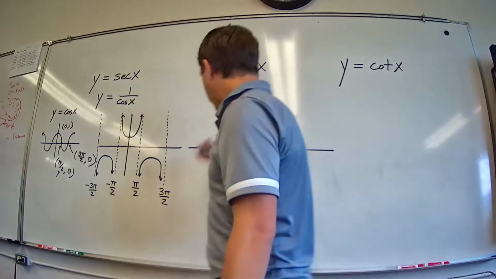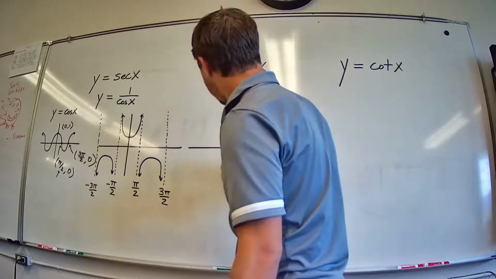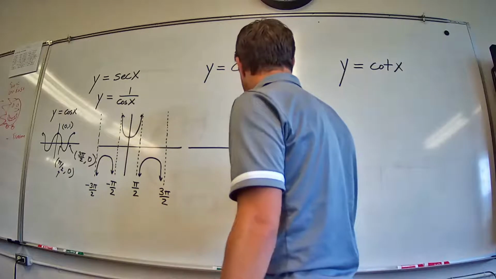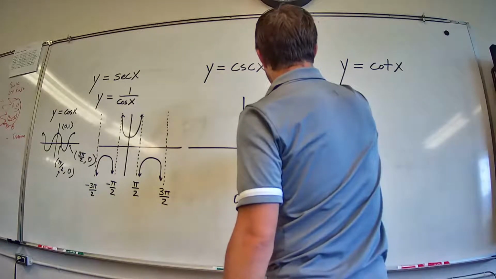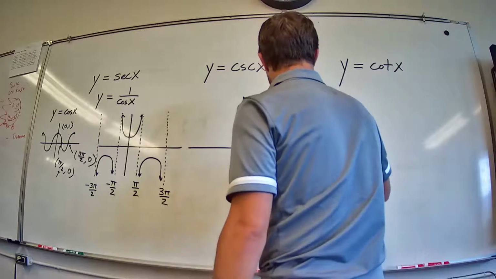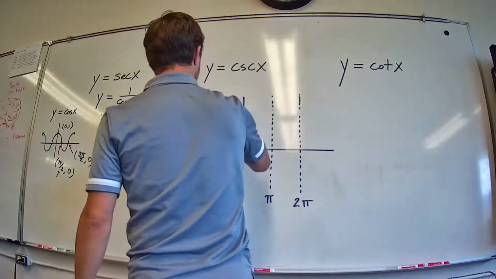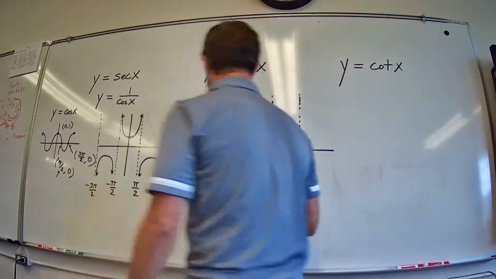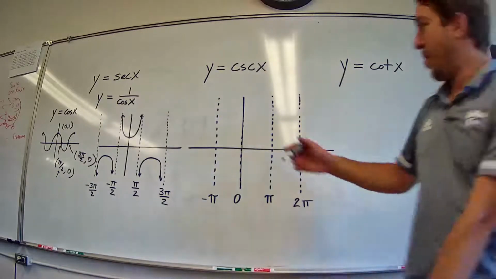So this would be at 0, at pi, at 2 pi, negative pi, and so on and so forth. I'll put one more in.